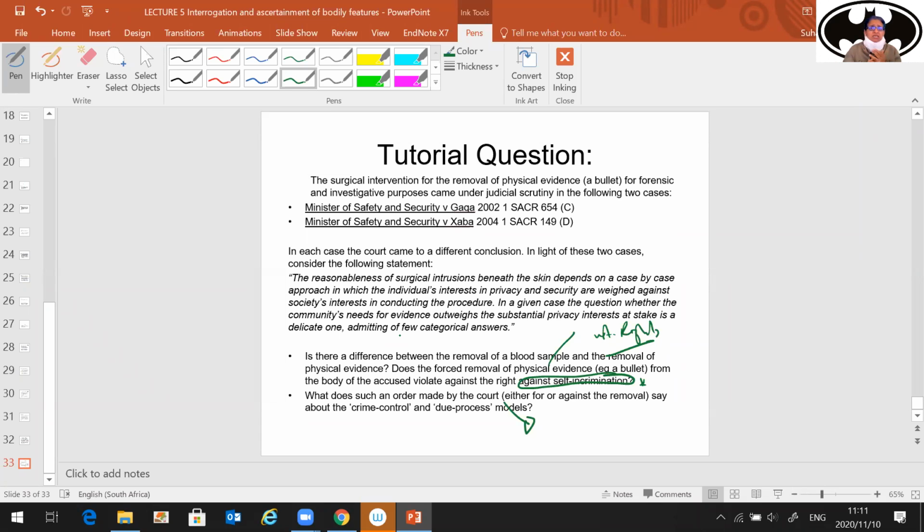In the one case, they said there's no other evidence to tie this accused person even to the scene of the crime, so this is what we need to do, in consideration of the fact that the removal of the bullet will not be detrimental to his health. The risks are low. And see how the same thought process led to a differing conclusion in the Xaba case.